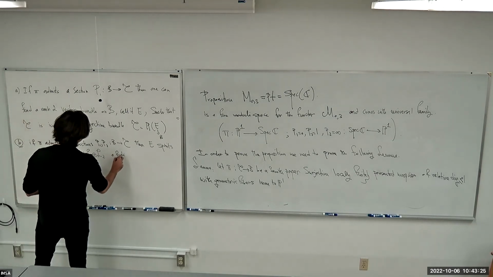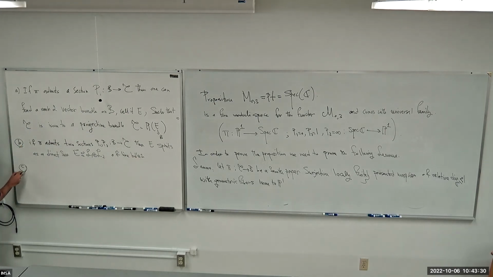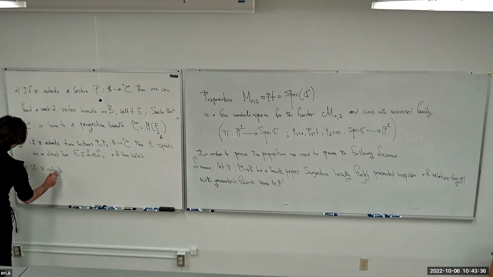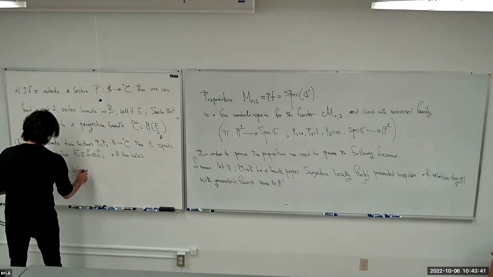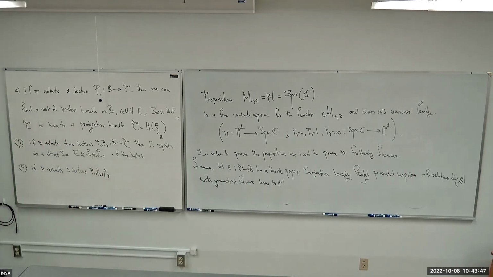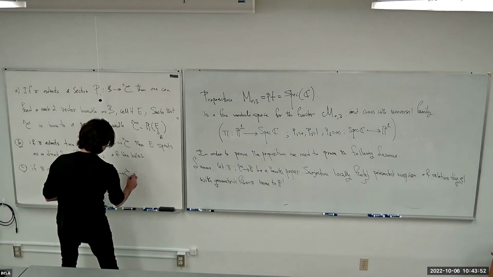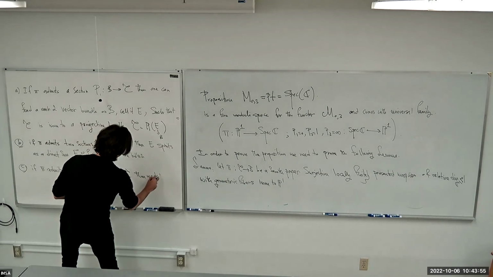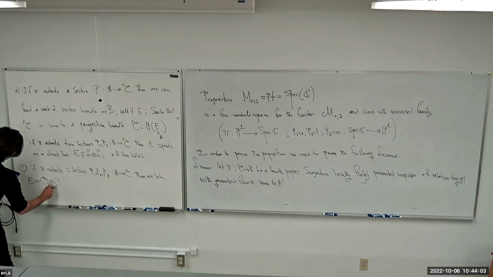Then, if pi admits 3 disjoint sections, P1, P2, P3, from B to C, then we take E as trivial rank 2 bundle.